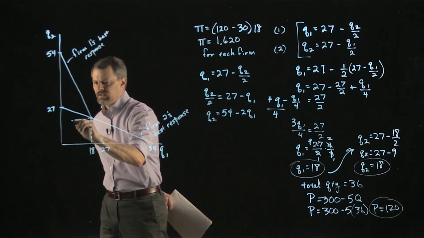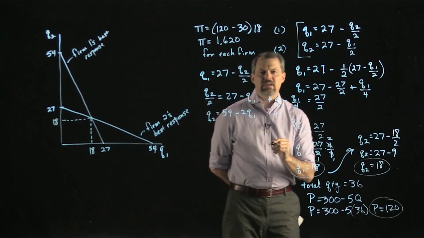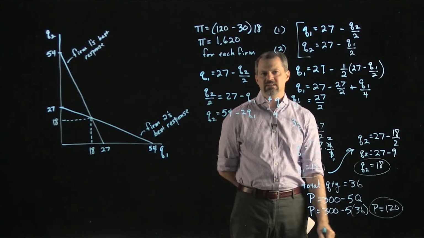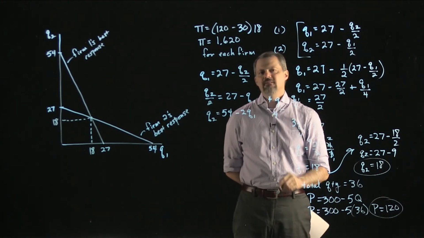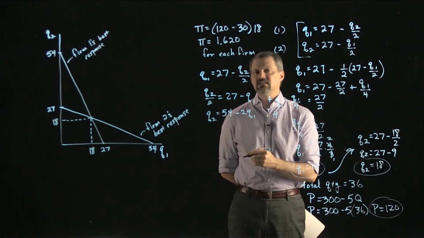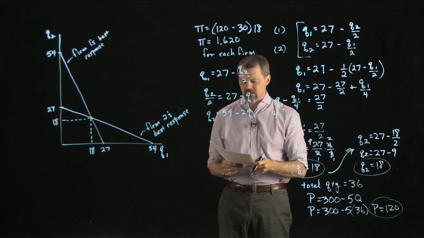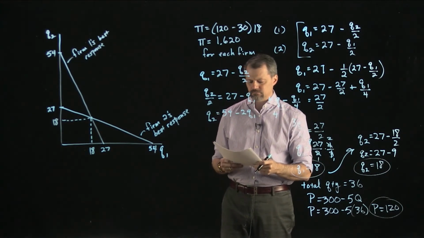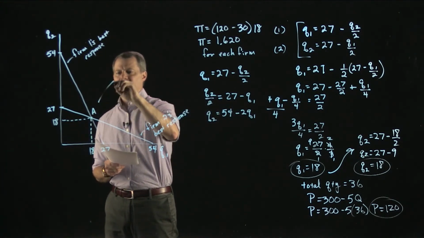When firm 1 is producing 18 units, firm 2's best response is to also produce 18 units. And when firm 2 is producing 18 units, firm 1's best response is to produce 18 units. That's a Nash equilibrium. Okay? That's the likely outcome for this game. So point A, let's call it, is a Nash equilibrium.